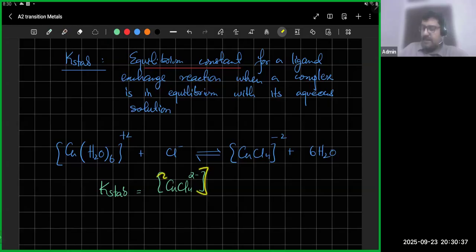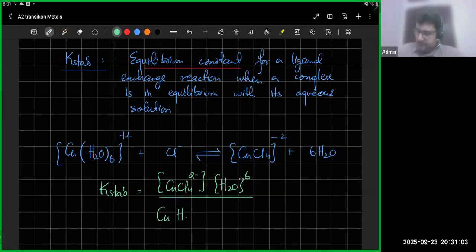Initially the square bracket represented the complex itself, but now you put the charge inside because that shows the square bracket now represents concentration. Then you have water concentration to the power 6, divided by my reactant concentration, so it's going to be [Cu(H2O)6]2+. I didn't balance the equation, so there are 4 Cl minus ions. So it's going to be [Cl-] to the power 4.